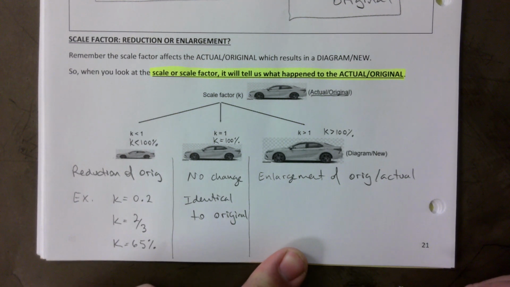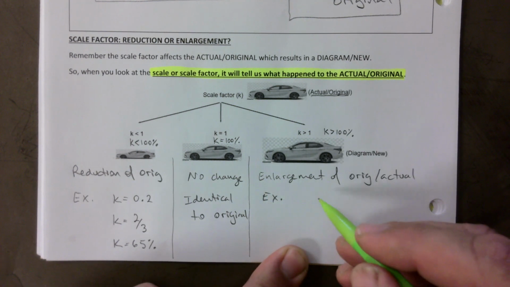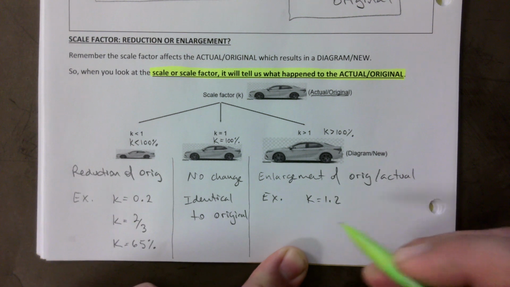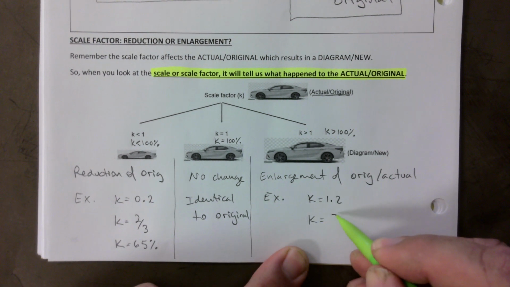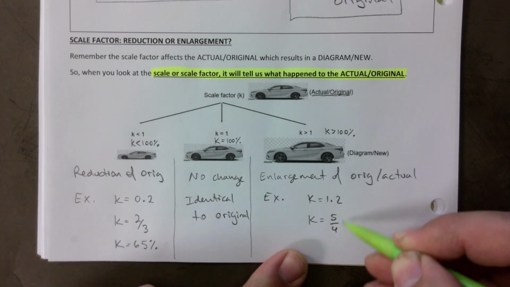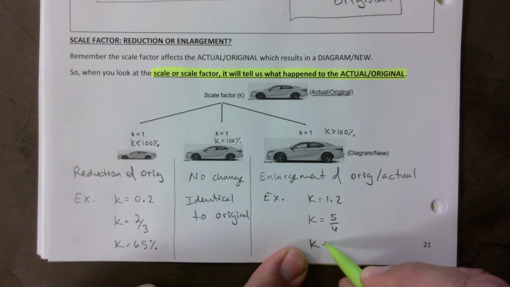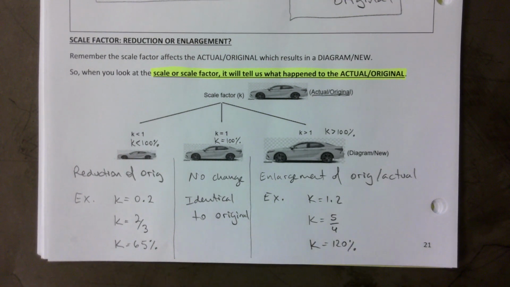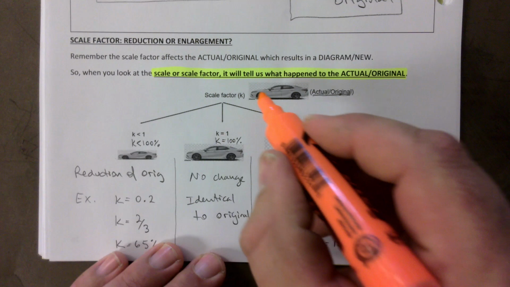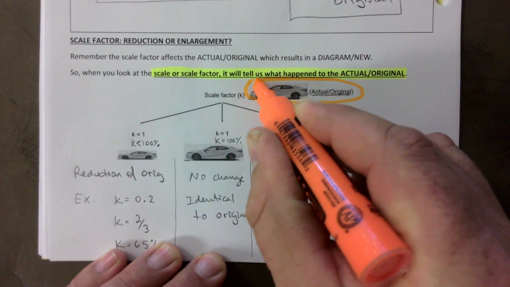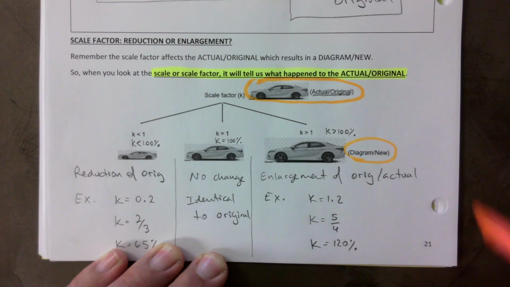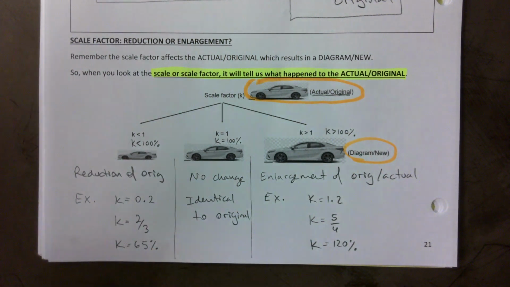Enlargement of the original actual. So some examples here would be K equaling 1.2. K is equal to 5/4, because that's actually bigger than 1. K is equal to 120%. So remember, this is our original here, and all of these represent a new version of the original. Okay, so just keep that in mind.